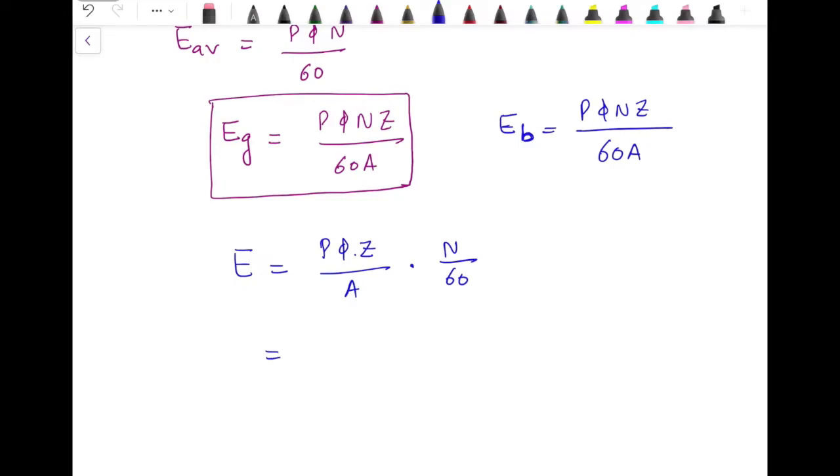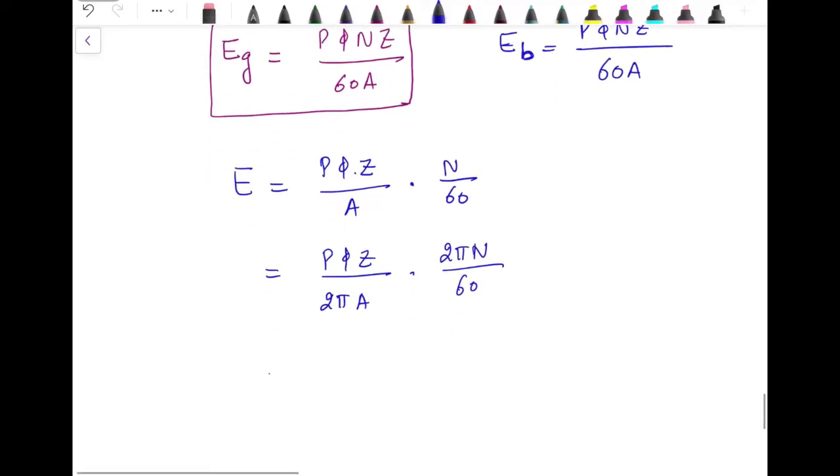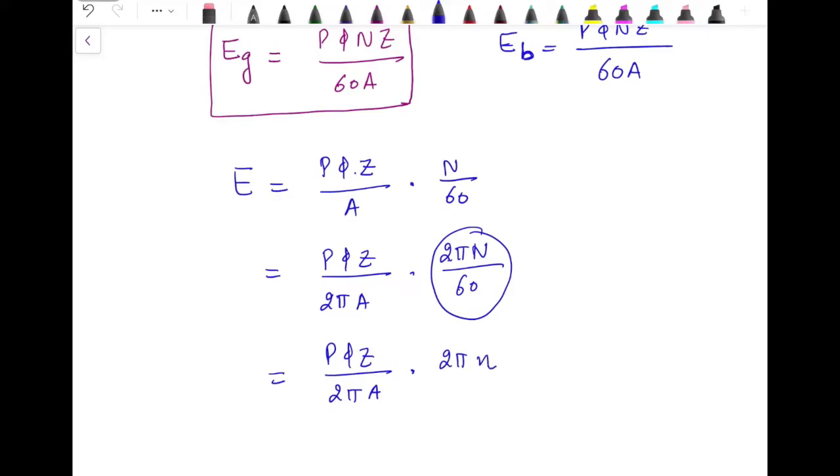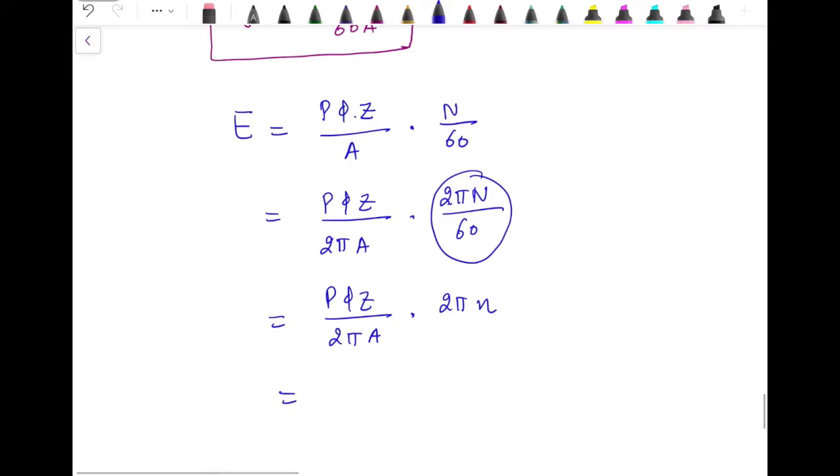So if we multiply this equation by 2 pi as well as divide, this equation can be written like this: P phi Z upon 2 pi A into 2 pi N by 60, so it becomes 2 pi N. So this 2 pi N is the angular speed, which is written as omega m.